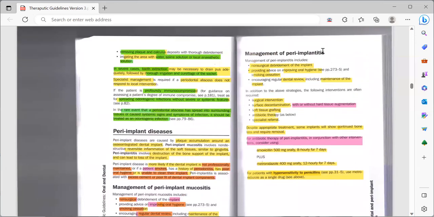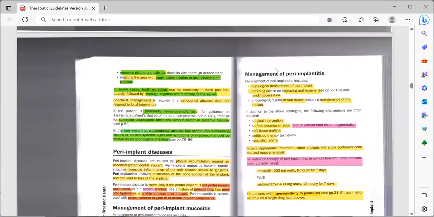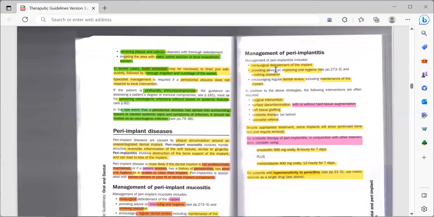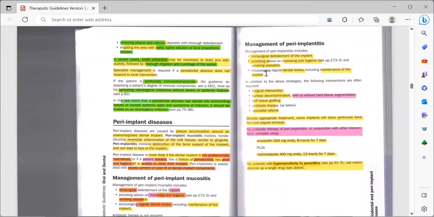For the management of peri-implantitis, you need to do these three steps, which are non-surgical debridement of the implant, providing advice on improving oral hygiene and smoking cessation, and encouraging regular dental review, including maintenance of the implant.